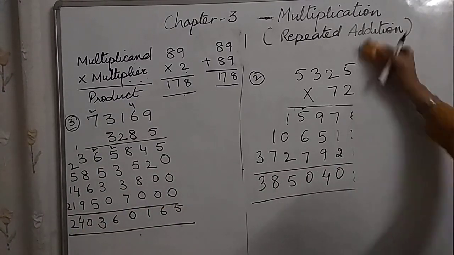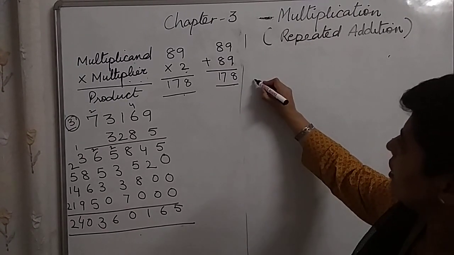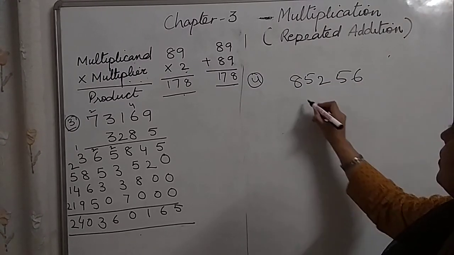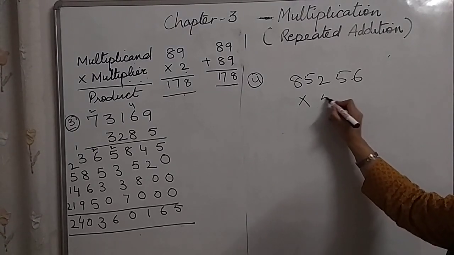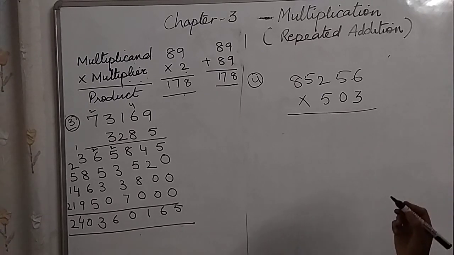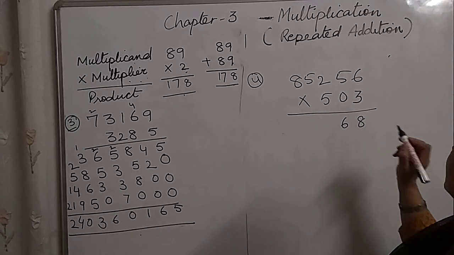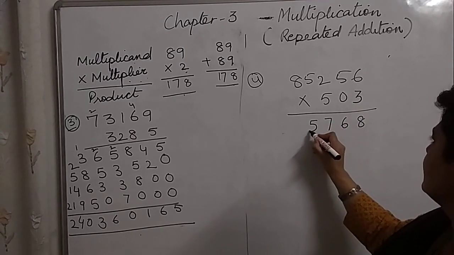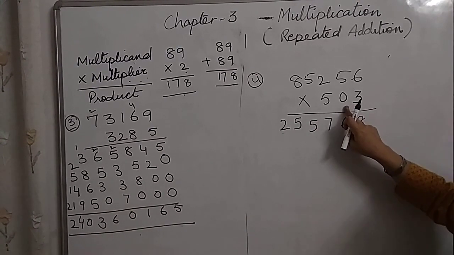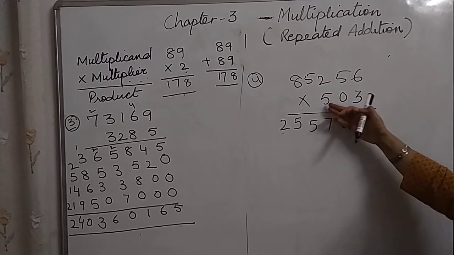Now again another question. 85256 multiply by 503, and this time we have a 0 in the multiplier. 3 sixes are 18. Now when a 0 is there in the multiplier, we can even skip multiplying it with 0. We can leave it and go ahead with the next number.